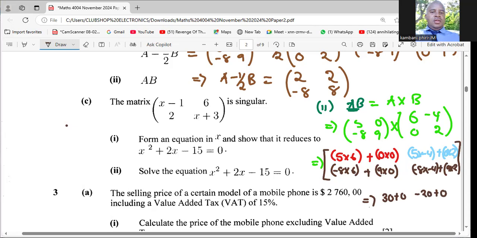Then you multiply negative 8 by 6, you get negative 48 plus 0. Then we have negative 8 by negative 4, we have 32 plus 9 by 2, here we have 18.